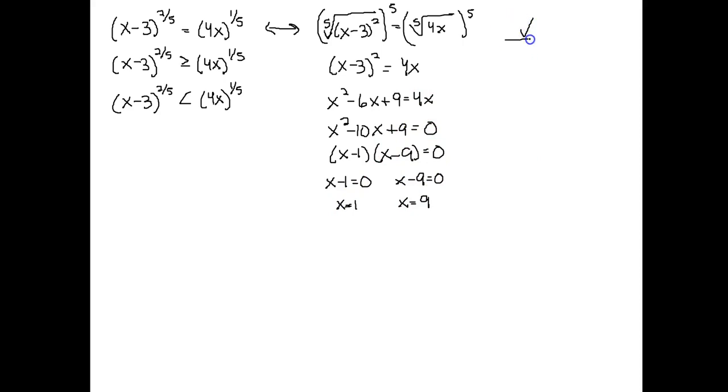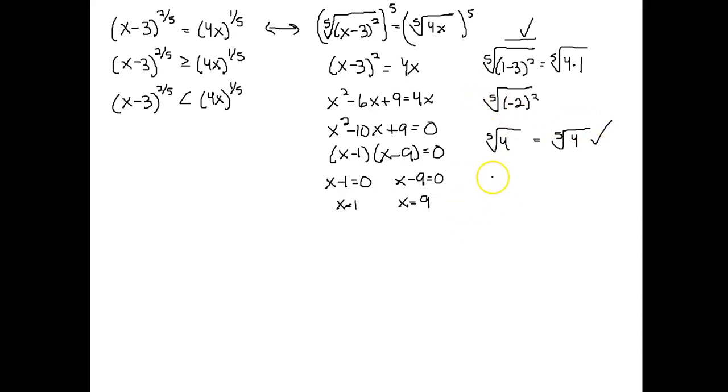You check. 5th root of 1 minus 3 squared should equal 5th root of 4 times 1. So 5th root of negative 2 quantity squared is the 5th root of 4, and that equals the 5th root of 4 times 1, or 4. And then you check 9. 5th root of 9 minus 3 squared equals 5th root of 4 times 9.